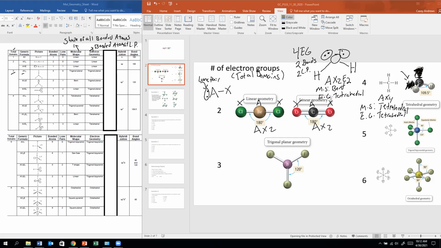While when we look at the lone pairs, then we can see the full tetrahedral shape. So that's what we're going to be working on today, just seeing if we can figure out electron geometries. Now, before I go on to the next slide, which has actual example problems, are there any questions about what I was talking about there?